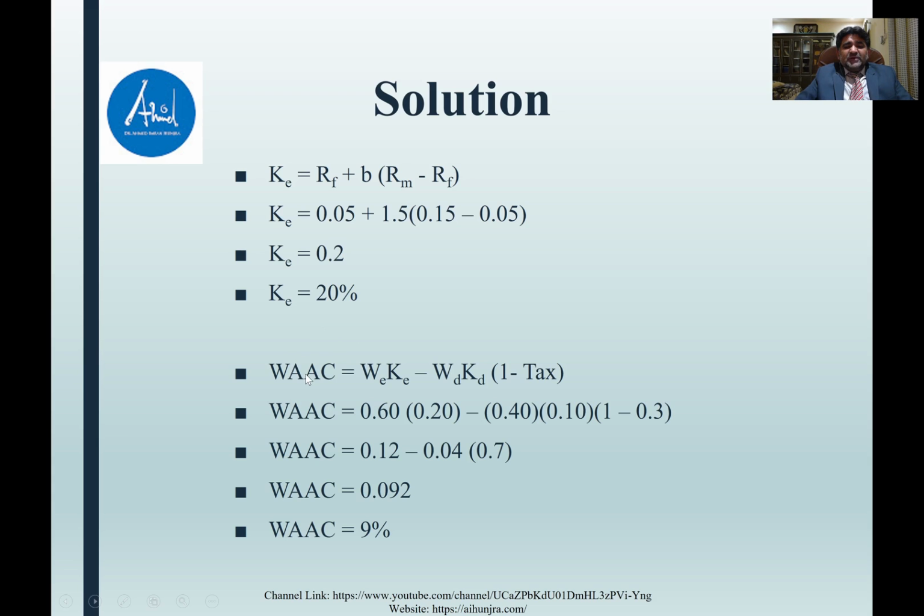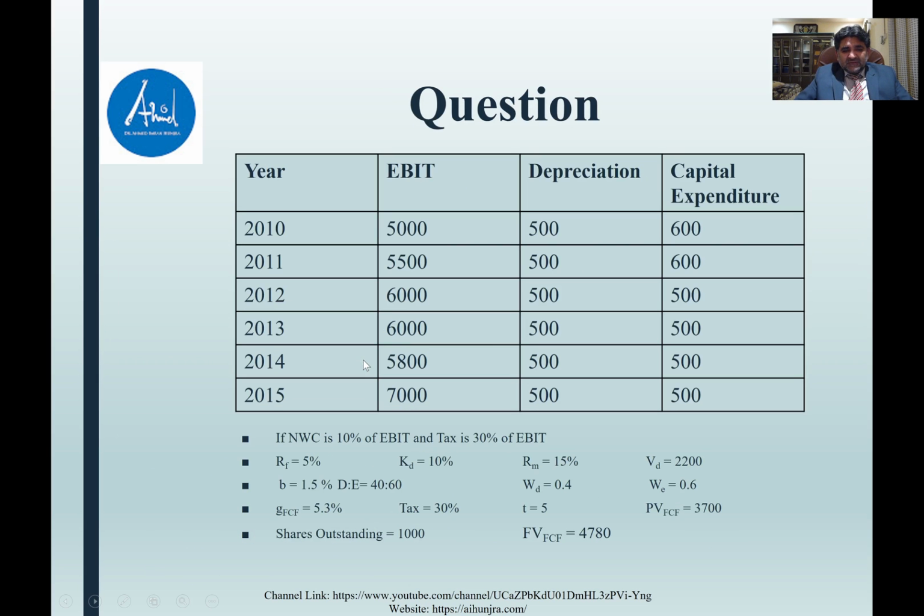As we know, the WACC formula is weight of equity times cost of equity, plus weight of debt times cost of debt, multiplied by 1 minus tax. So keep in mind the given data. The weight of debt is 40%, meaning 0.40, and the weight of equity is 60%, 0.60.